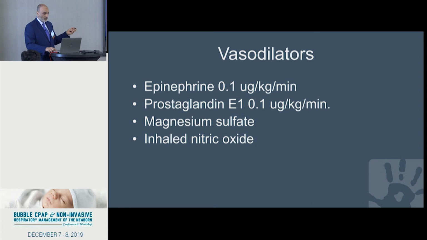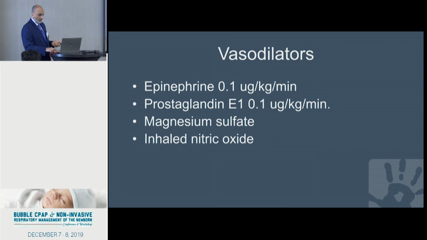But then epinephrine, prostaglandin, magnesium sulfate. The problem with magnesium sulfate, there are a couple of studies published about it, but it's also non-selective, so you'll end up having hypotension. And the whole idea is you need to selectively decrease the pulmonary hypertension without decreasing the systemic blood pressure.